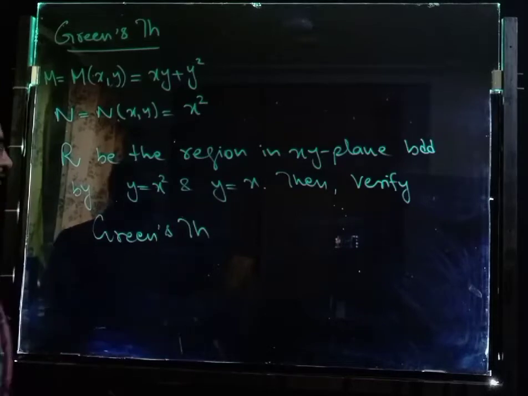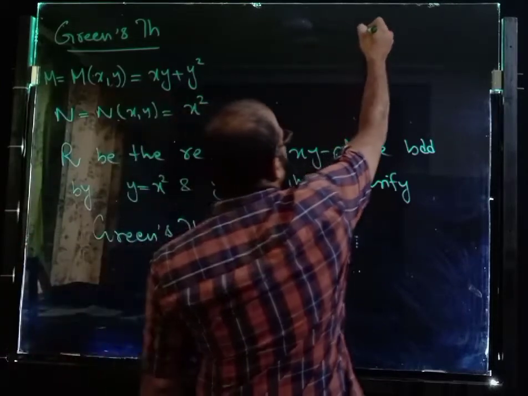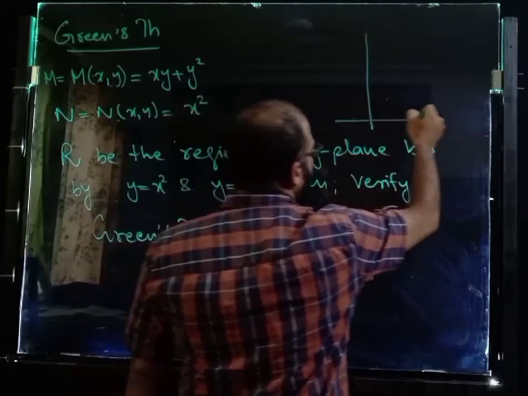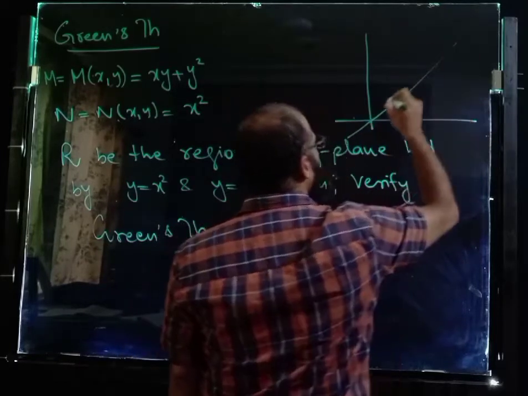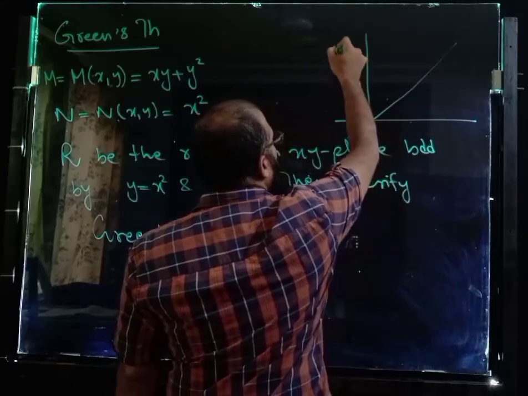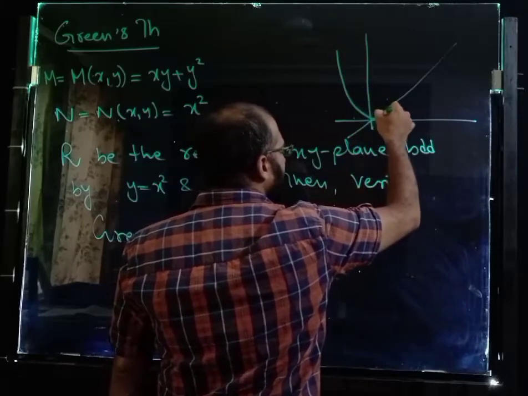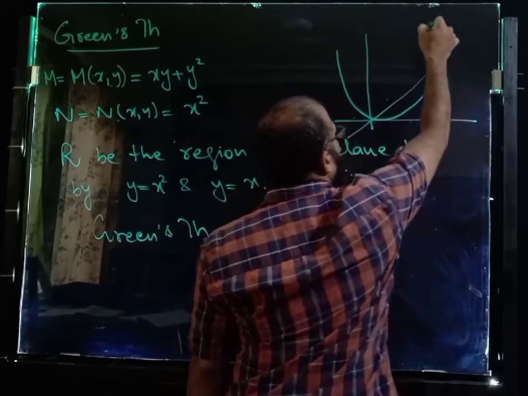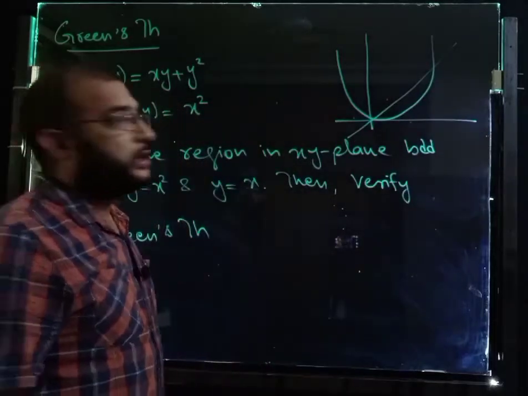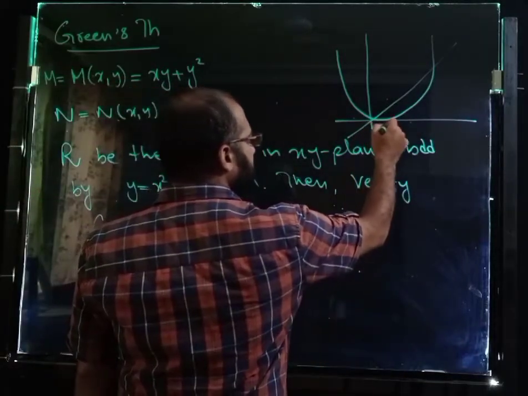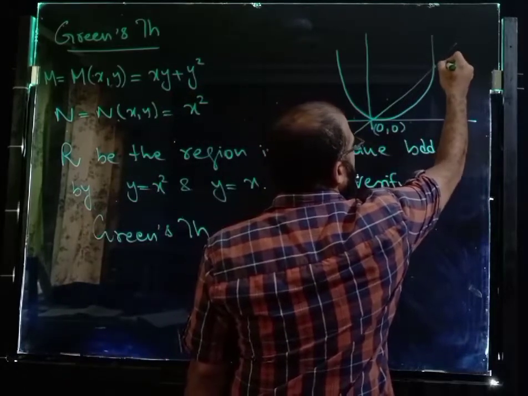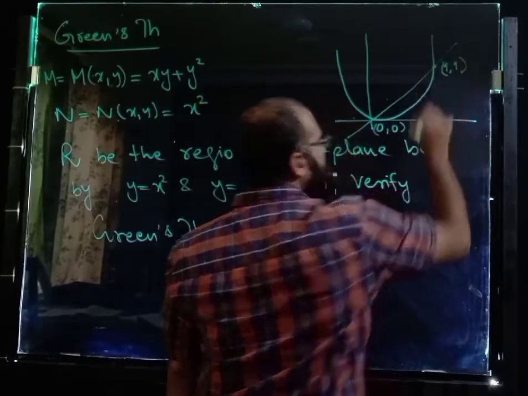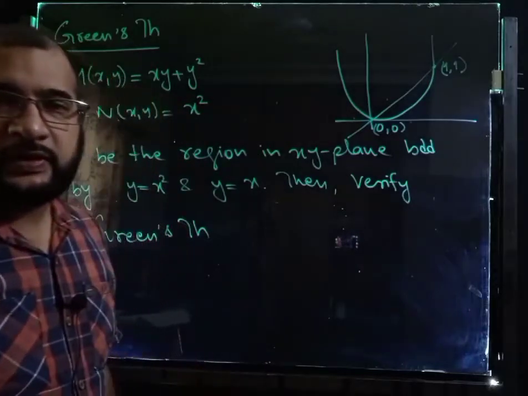So dear student, the region is defined as follows: y equal to x is a line, and y equal to x square is a graph of parabolic shape. So this point is the origin where they intersect, and this point is (1,1) where the straight line and the parabola intersect.